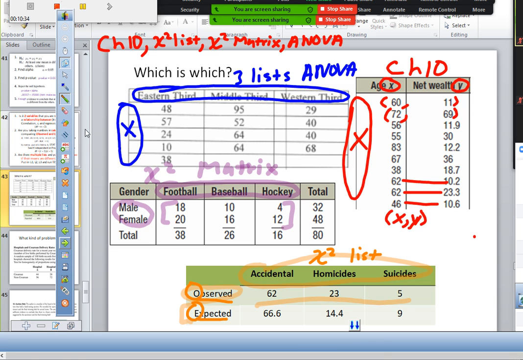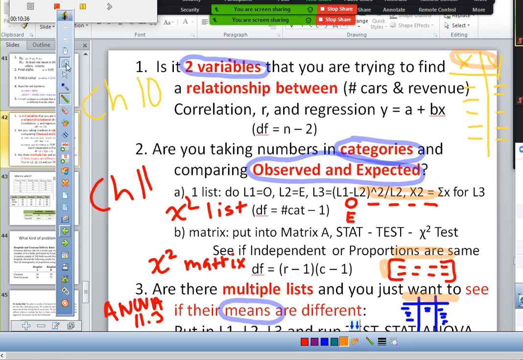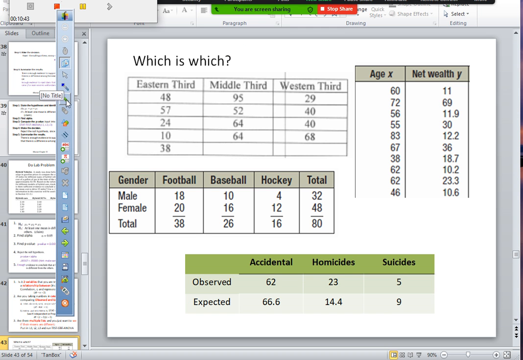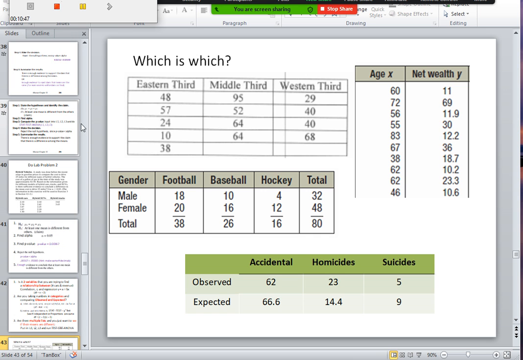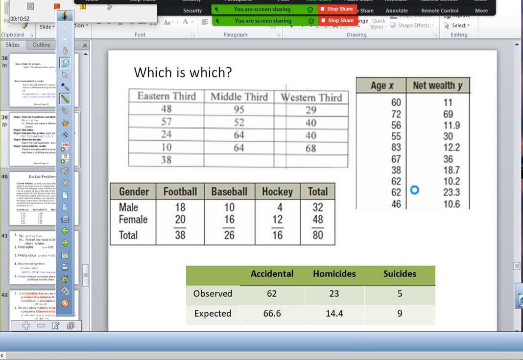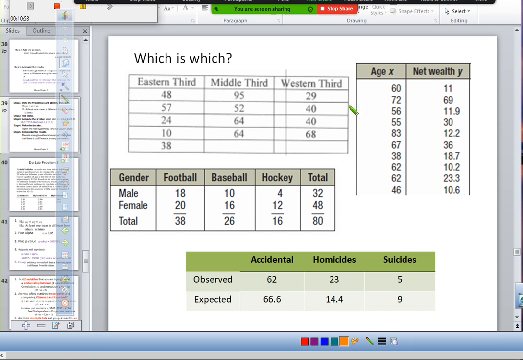So I want you guys to take a minute and try to figure out, just from looking at the data that you're given, what kind of problem each of these is.